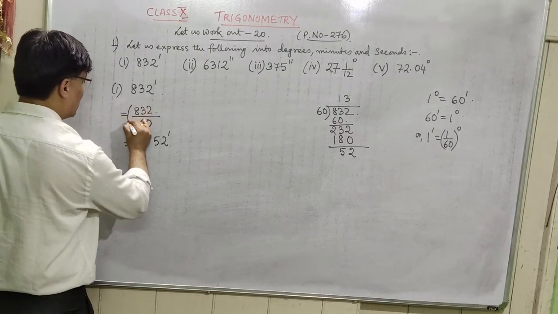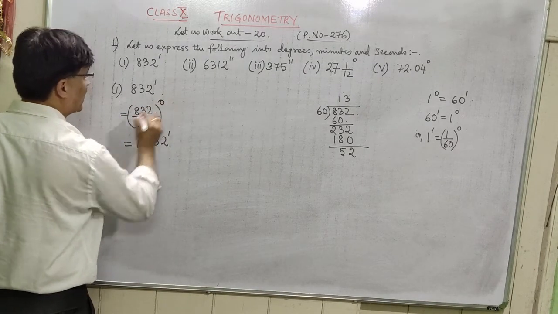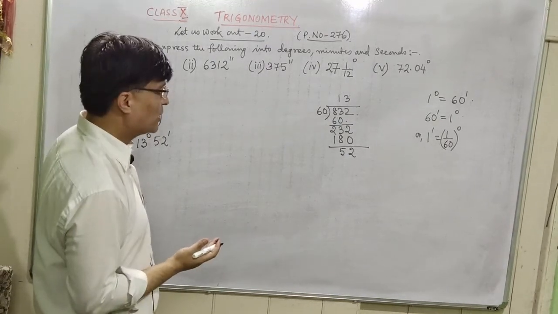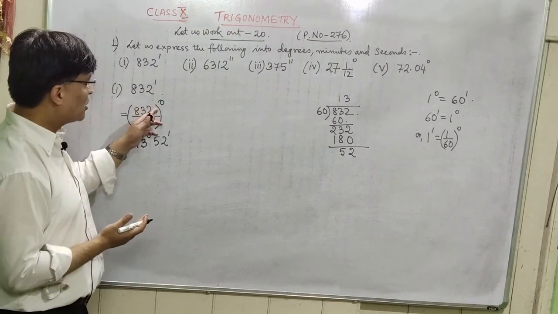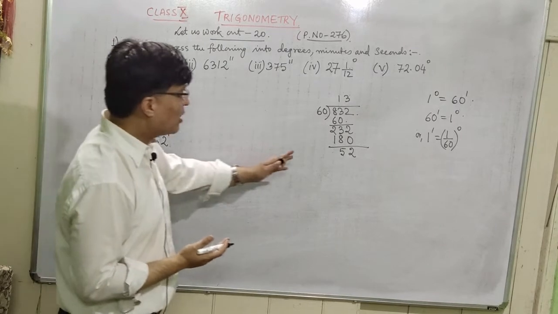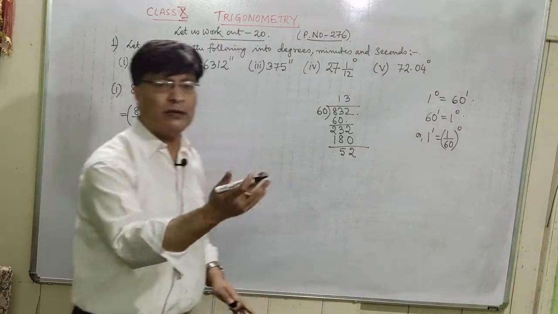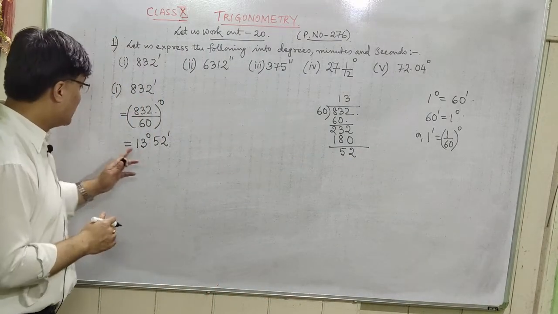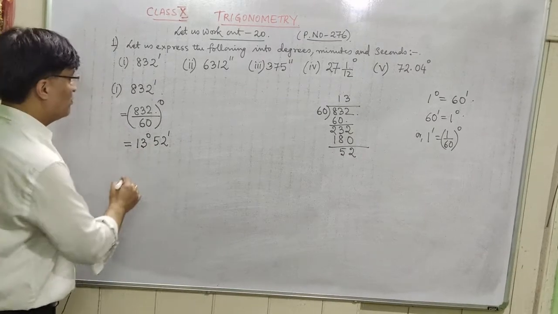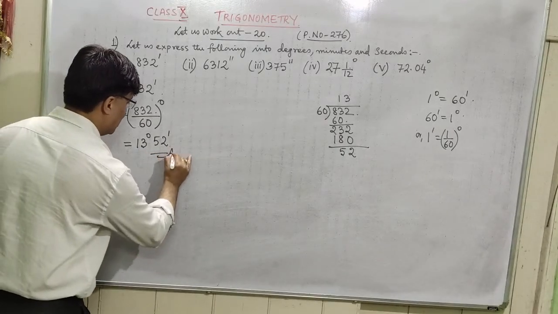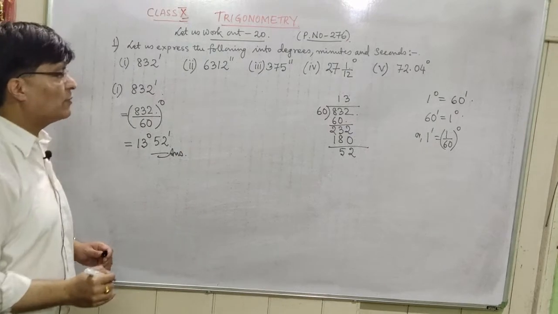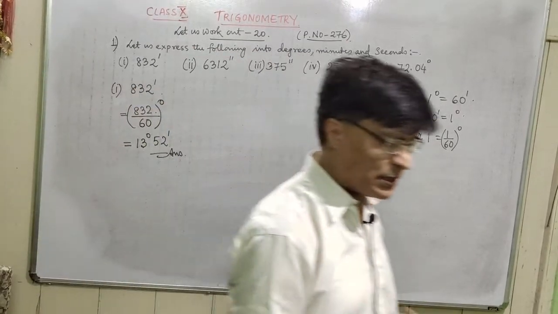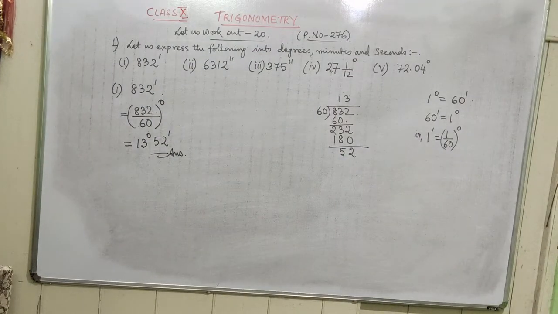So you can write it within bracket. Then we can write degree. So this minutes is converted into degrees. The remainder out here is 52, that will be the minutes. Okay. So it is 13 degree 52 minutes. So this is the final answer. So I think you have understood it. Copy it. Now we'll do the next question. We'll do next number 2.